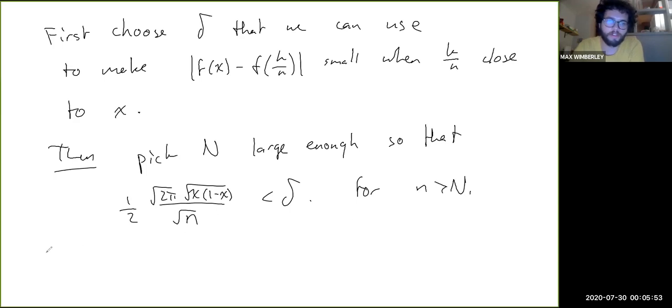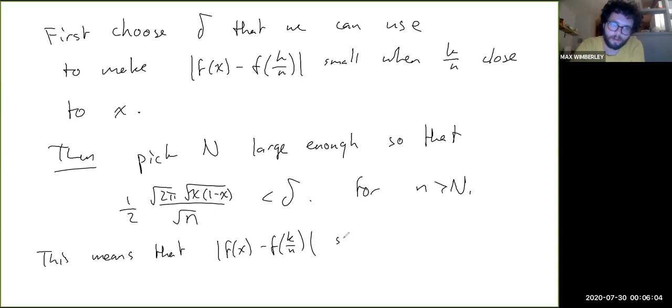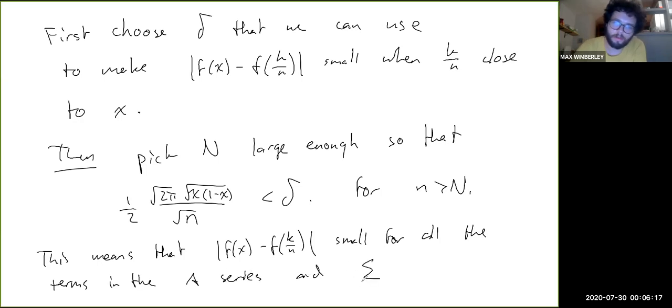The point of this means that f of x minus f of k over n is small for all the terms in the A series, and the sum over k in B of w_nk of x is small too.